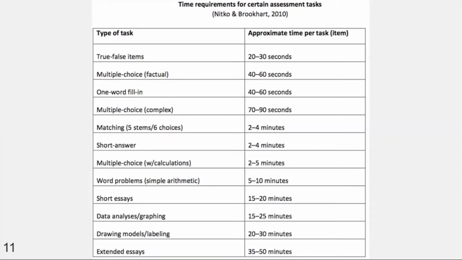If it's with calculation, it will be longer. A simple arithmetic word problem will be shorter compared to more extended essays. This is the rule of thumb by Nitko and Brookhart for us to use when considering how much time is suitable to allocate for the kinds of questions that we have set.